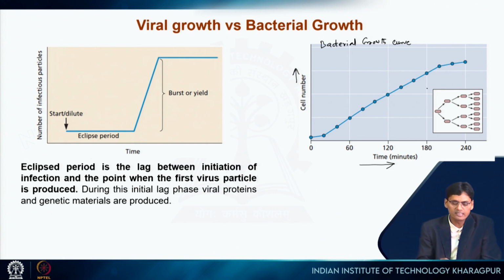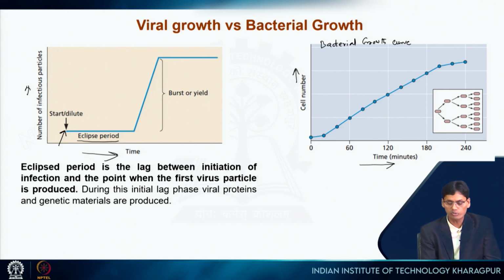As you can see, again the x-axis is time, and the y-axis is the number of infectious particles, the viral particles, I would say. If this is the starting point, here the infection started. Infection means the host cell is infected by some virus. At the very beginning, for some long time, this is called the eclipse period.